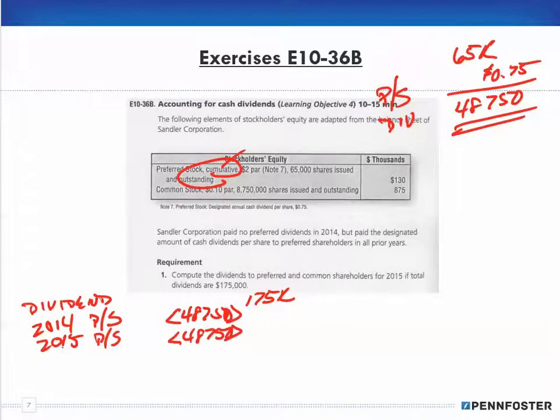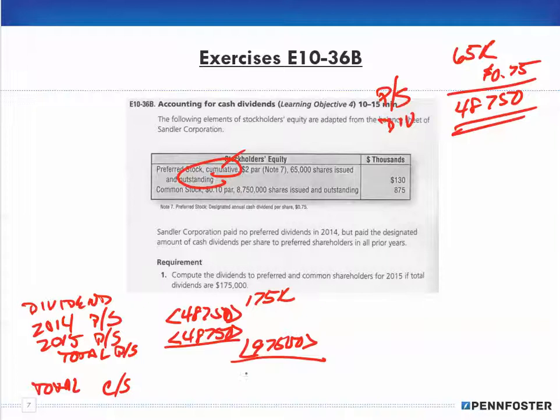So the total for preferred stock is $97,500. That is how much is owed to preferred because they didn't receive the dividend in 2014. Now in 2015, when the dividend is 175,000, preferred gets paid off first, of the 97,500. So the total that goes to common stock ends up being $77,500.